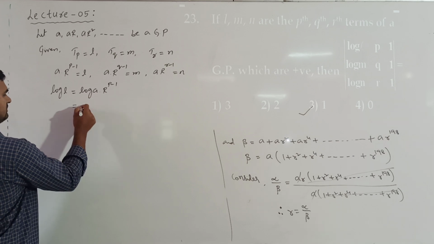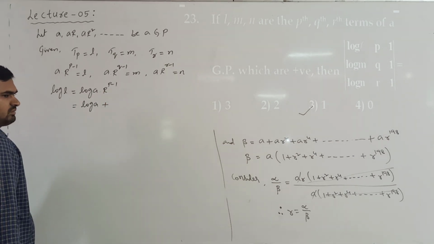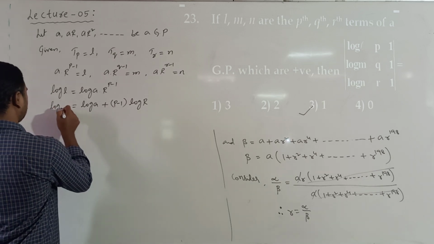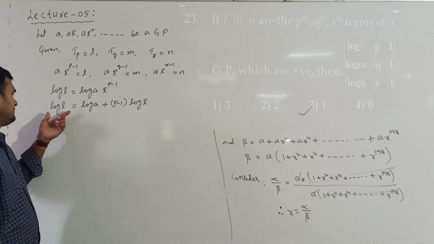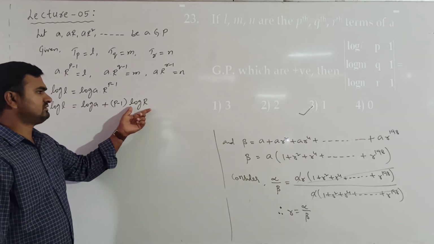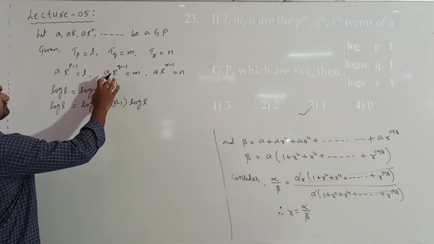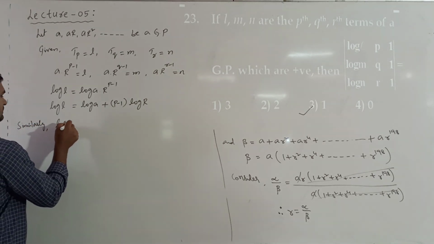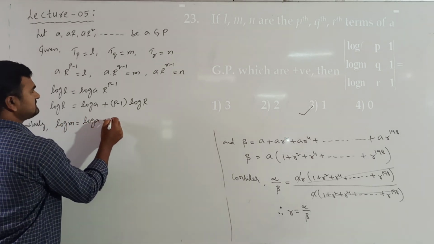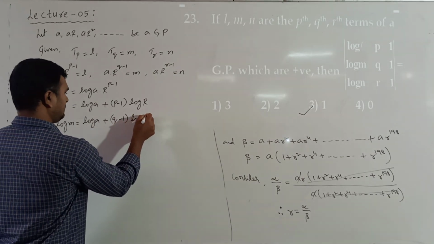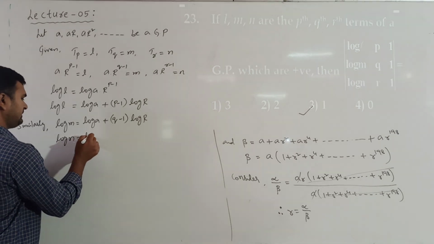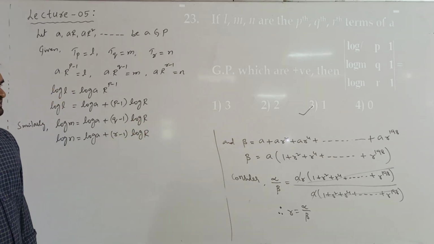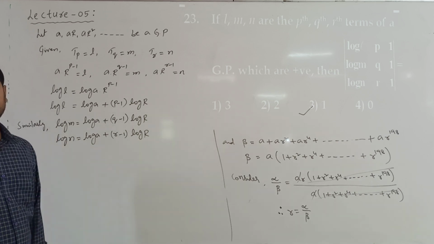That is in the form log AB, so we can write log A plus log B. Simplifying, we write P minus 1 into log R. So by applying log formulas, log L is log A plus P minus 1 into log R. Similarly, log M is log A plus Q minus 1 into log R, and log N will be log A plus R minus 1 into log R. So these are the log L, log M, log N values.